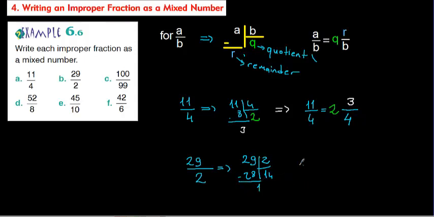So the number 29/2 is going to be equal to, again I'm repeating, the denominator is not going to change, and it's going to be 2. The 14 is going to be written here, this is the quotient, and the remainder, which is 1, is written in the numerator part of the mixed number.